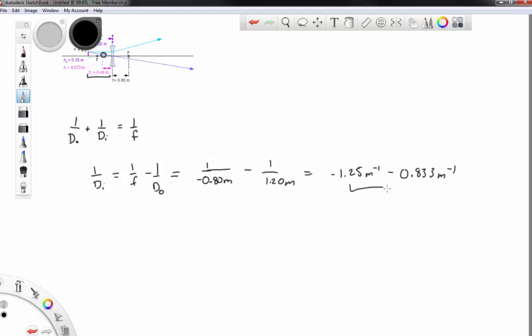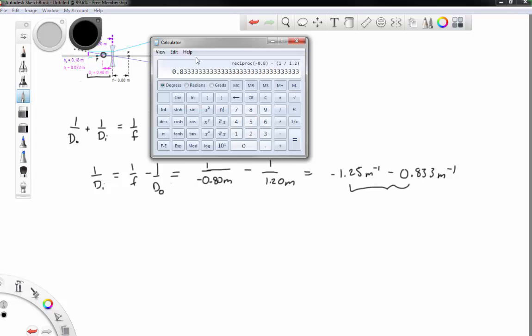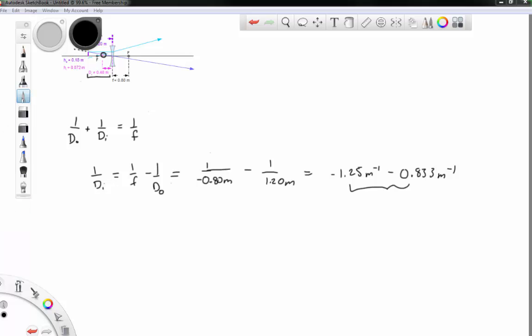So all of this together is going to give us a total of negative 2.08 inverse meters.